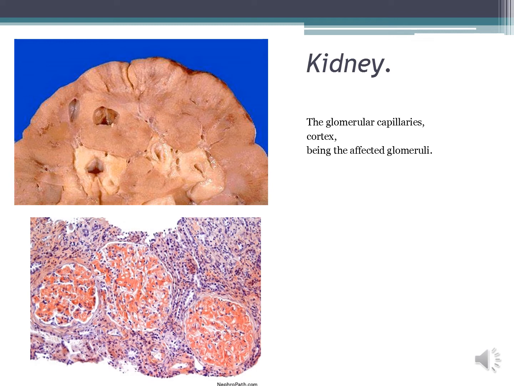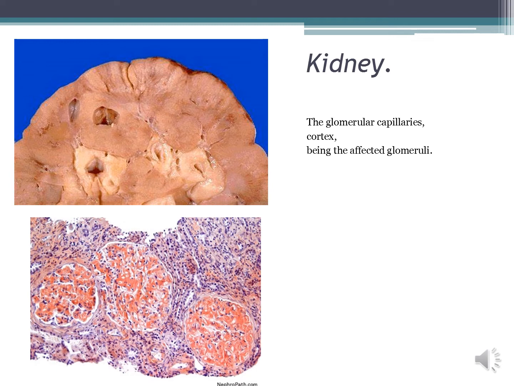But in the main part of the picture, on the bottom left, we see these orange accumulations in the basement membrane of the glomerular capillaries.